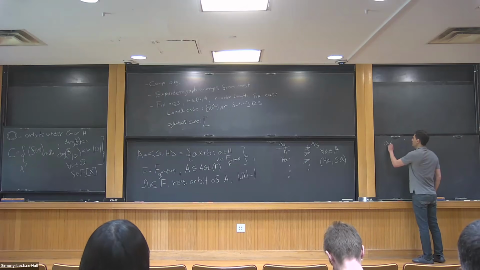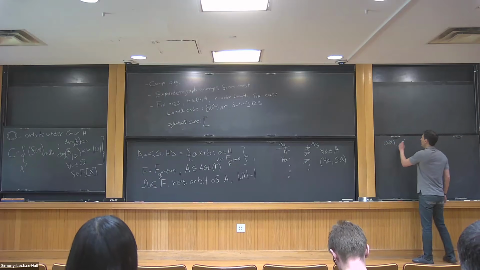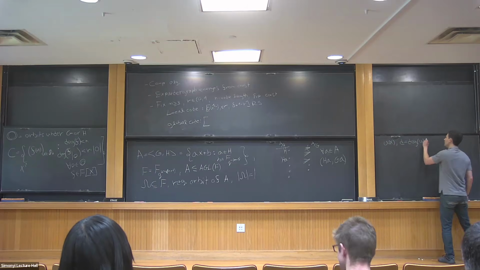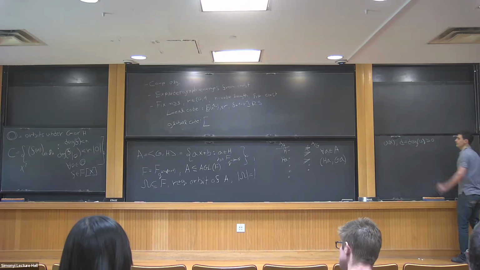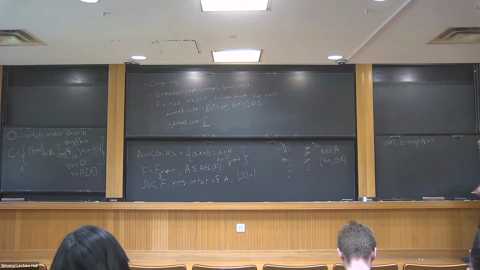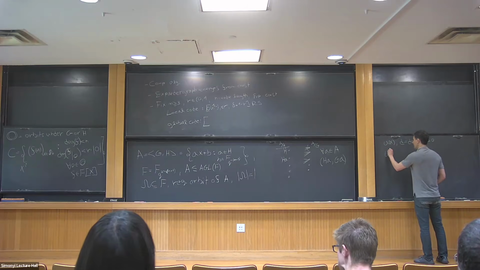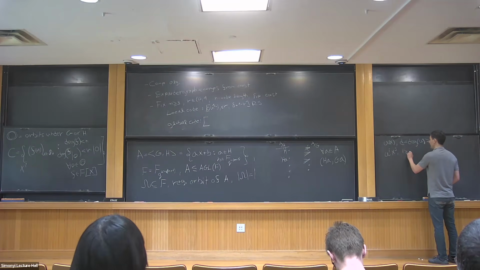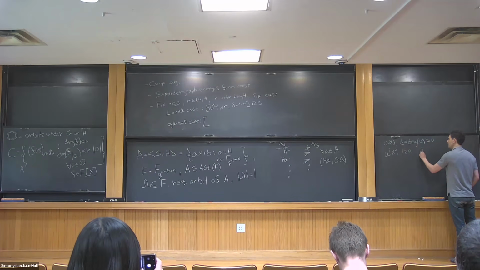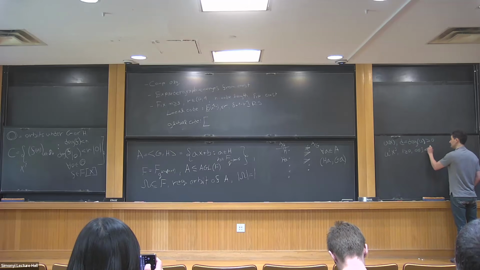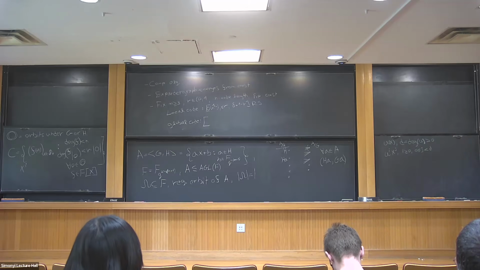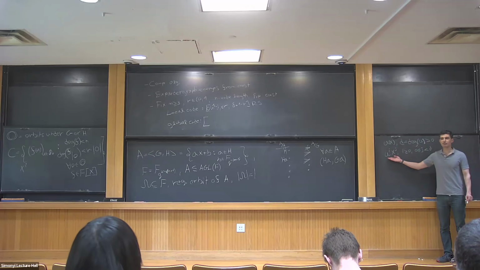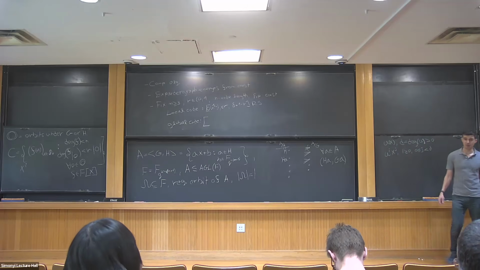So if U is a polynomial of degree D, where D is positive, look at the polynomials U to the I times X to the J, where I is non-negative and J is non-negative but less than D. I claim that this set of polynomials forms a basis for the space of polynomials. Why?